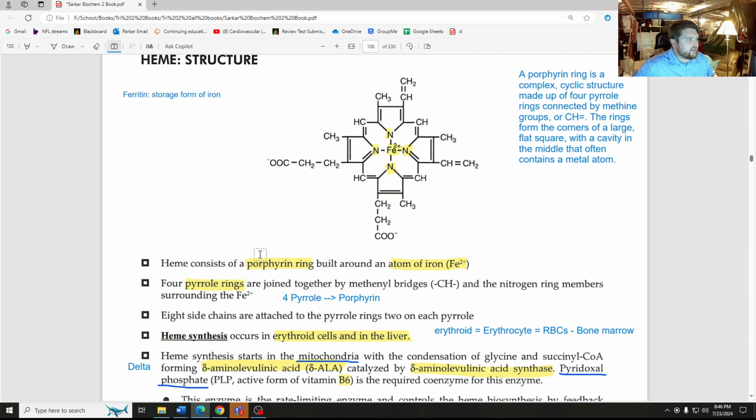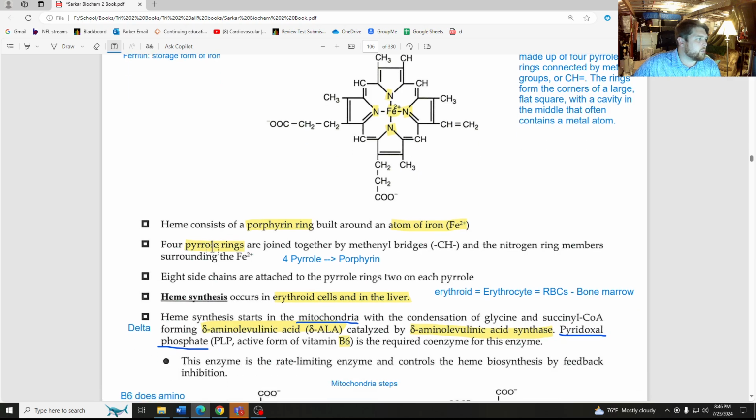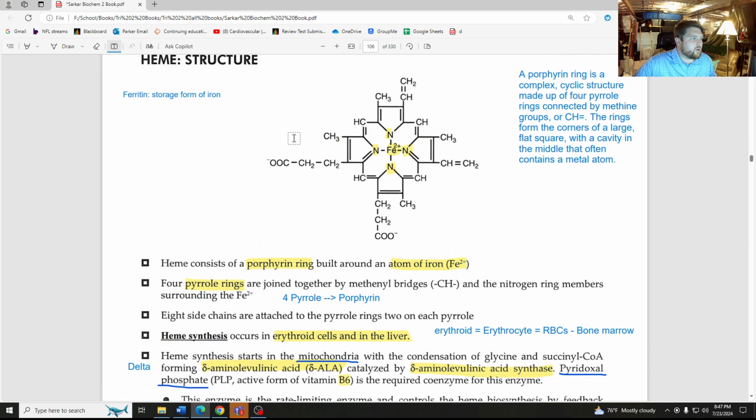So ferritin, that F sound, a lot of times is going to be indicative of iron. So we have the porphyrin ring, this whole ring structure built around the iron.